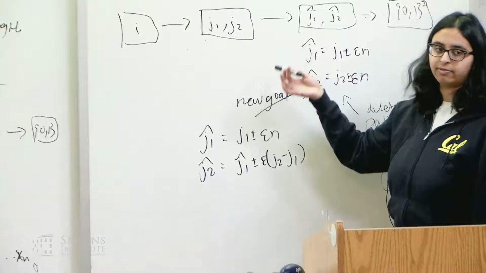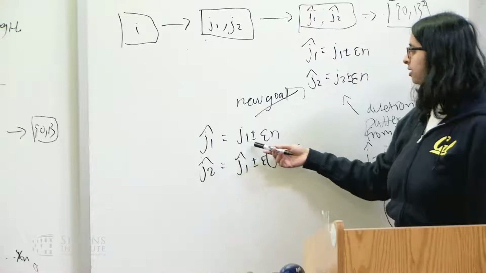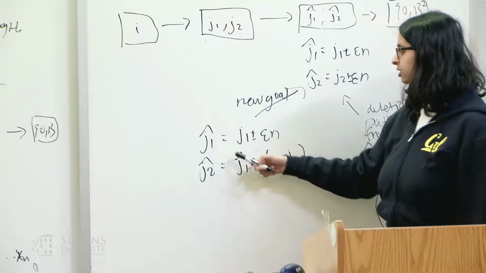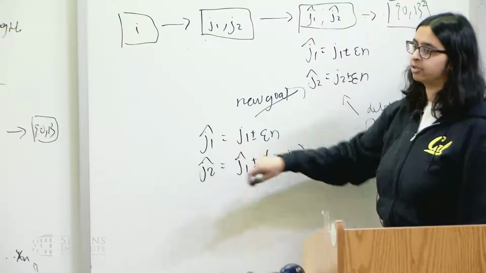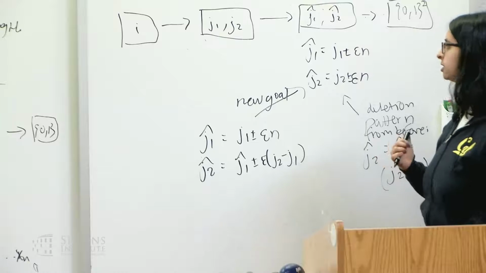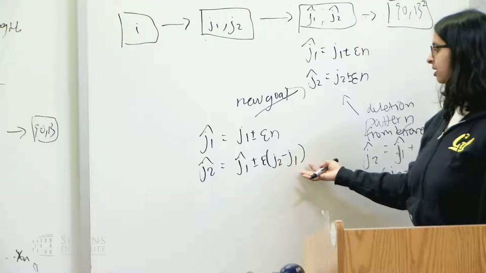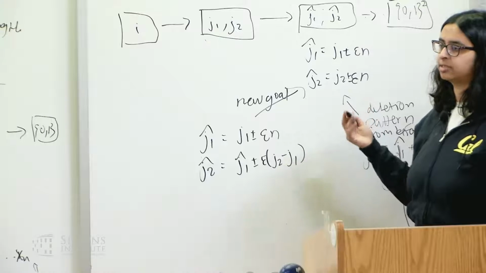We can have the adversary perform deletions in such a way that J1 hat looks like roughly J1 plus or minus epsilon n, and J2 hat looks like whatever you got for J1 hat, plus or minus epsilon times the difference between the two queries. It turns out that is a deletion process you can do. I will note that this doesn't extend to large constantly many queries.